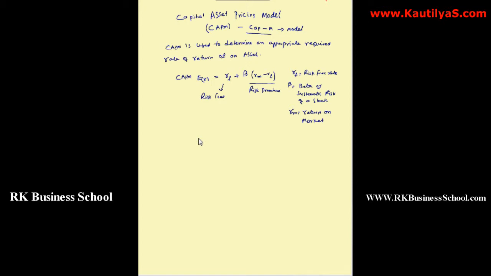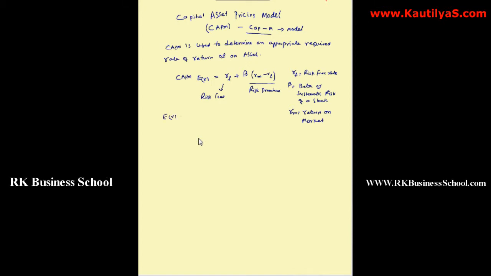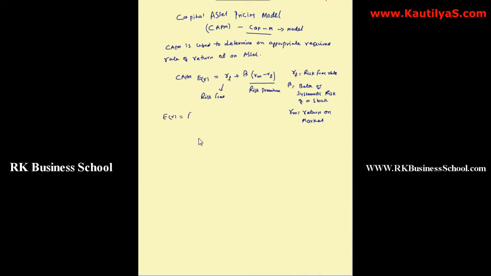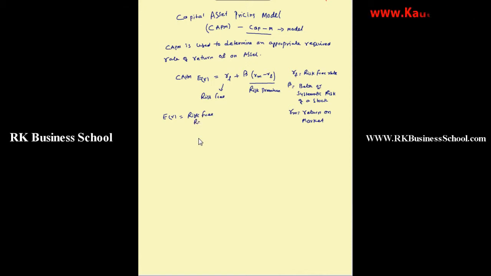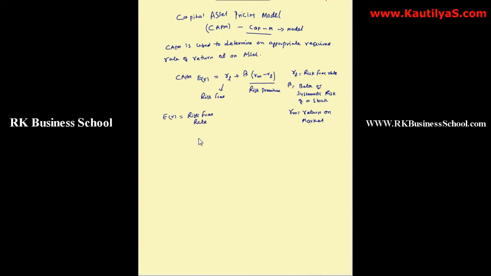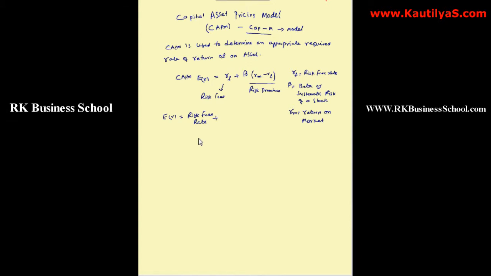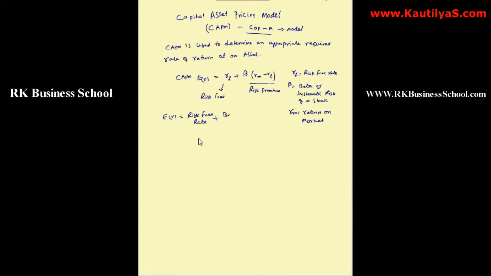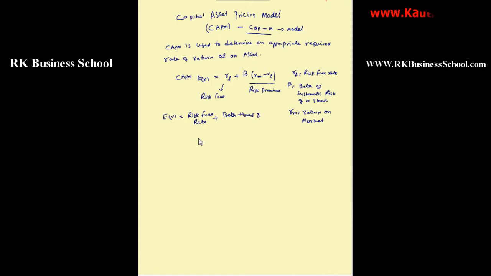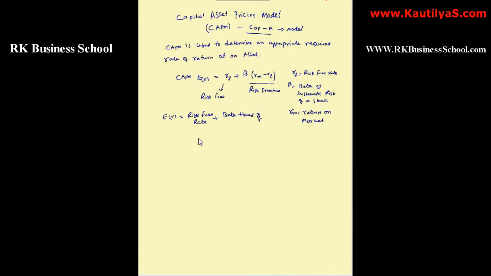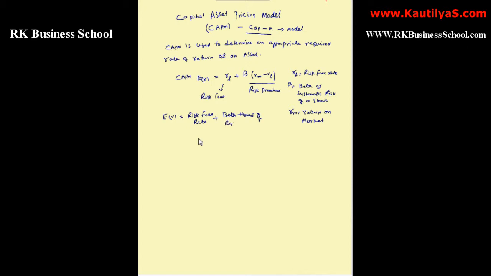So your expected return is the risk-free rate plus beta times the risk premium.